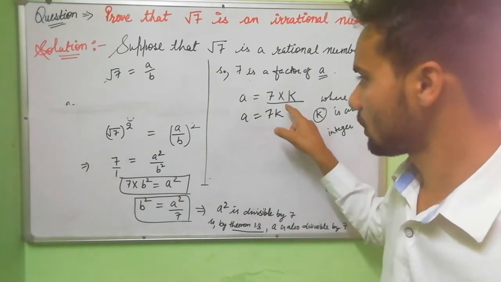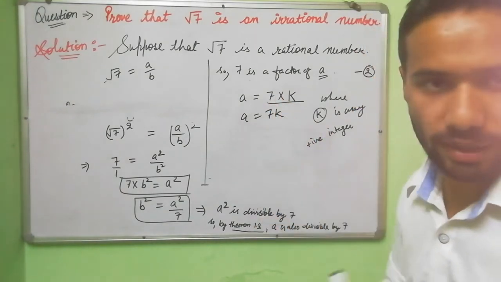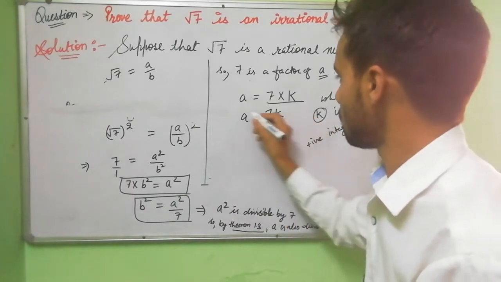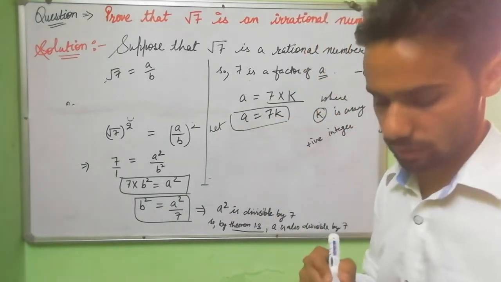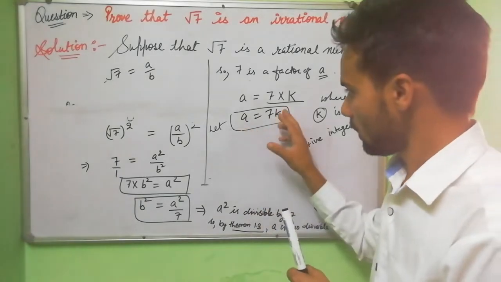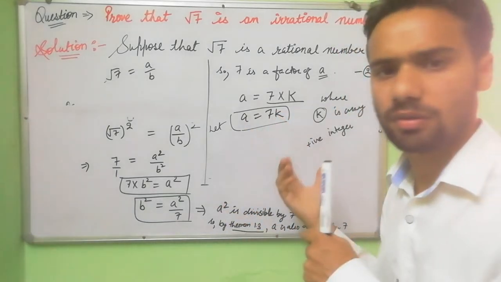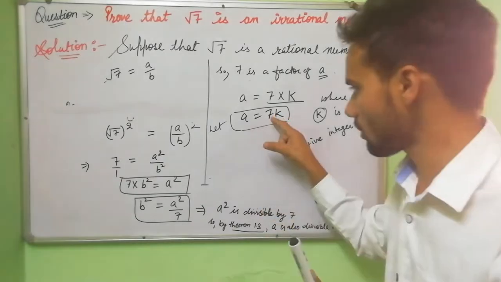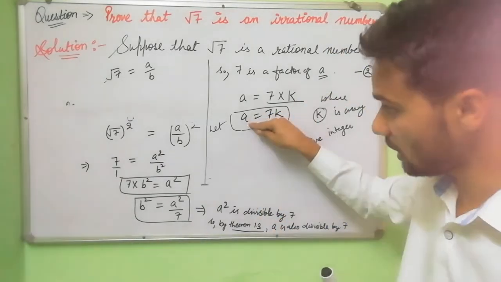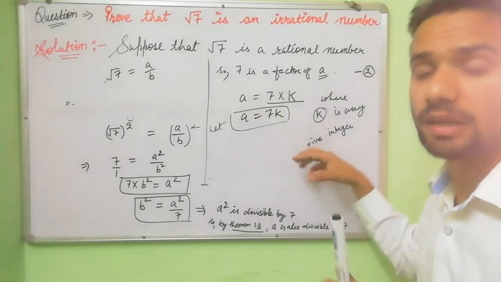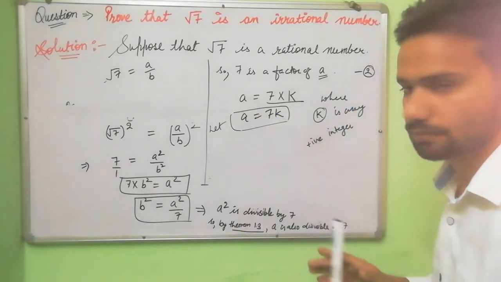Dear student, I hope you understand it very well, because here I assume a is equal to 7k, meaning a is 7 times any integer. Why write 7 here? Because 7 is a factor, so I can write a as 7 multiplied by any integer. Clear?